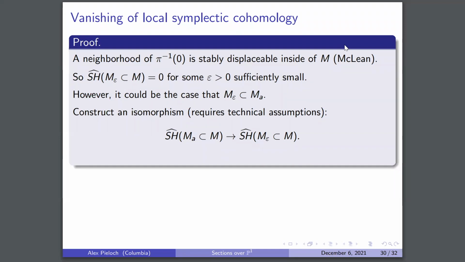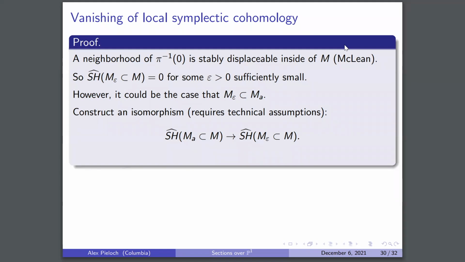Oh, but if you cover by small disks, so maybe I'll say some things for the slightly less informed. These local symplectic homology groups, via the work of Umut Varolgunes, satisfy a sort of Mayer-Vietoris property. So if you have a covering of your space by compact subsets, you get some Mayer-Vietoris sequence associated to these local symplectic homology groups. However, you have to impose some constraints on the intersections of these compact subsets.